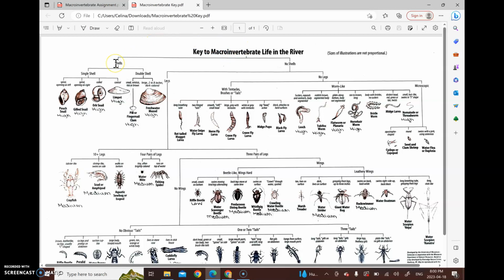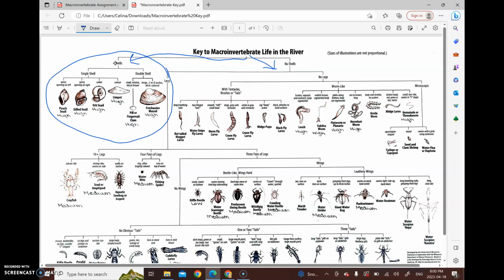I got shells, and so I'll even grab my marker here. I have shells or no shells. Because this is a shell, I'm going to be looking at this section.